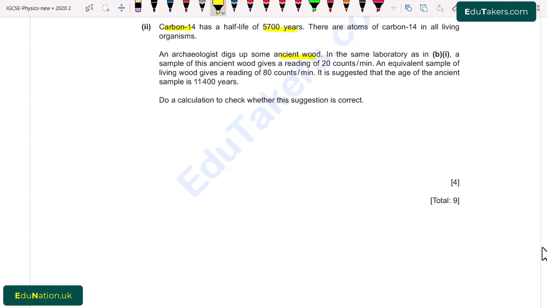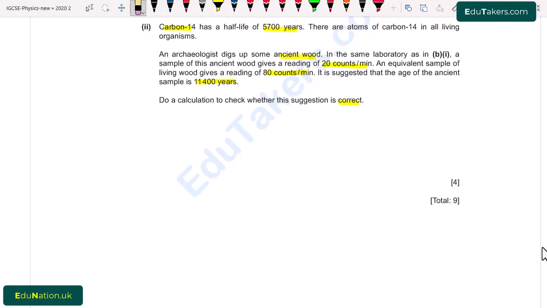A sample of this ancient wood gives a reading of 20 counts per minute. An equivalent sample of living wood gives a reading of 80 counts per minute. It is suggested that the age of the ancient sample is 11,400 years. Do a calculation to check whether this suggestion is correct.